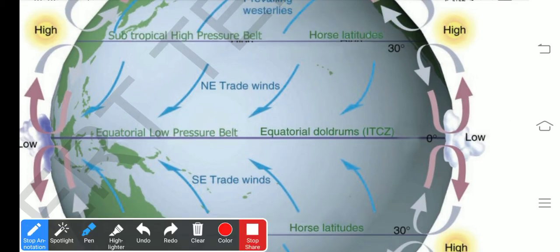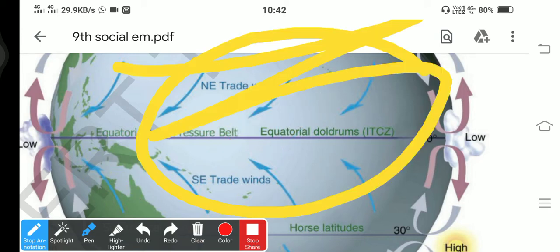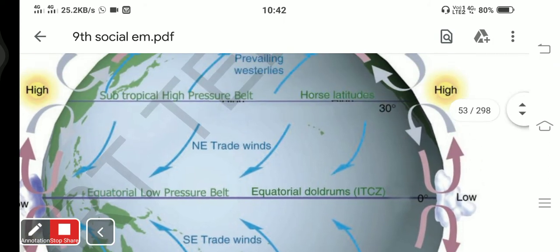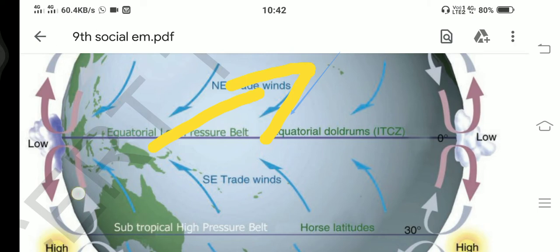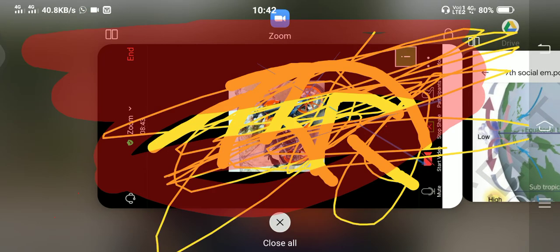So, dear students, we see that in the rainy season the winds blow from the southwest direction in India, and in the winter season winds blow from the northeast direction. So for 6 months the winds blowing in India are in one direction, and for the other 6 months in the other direction.